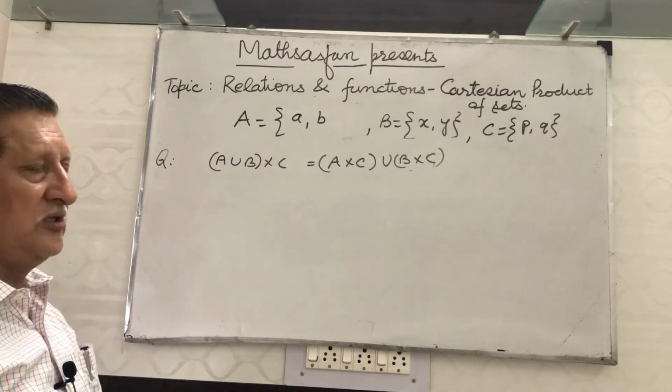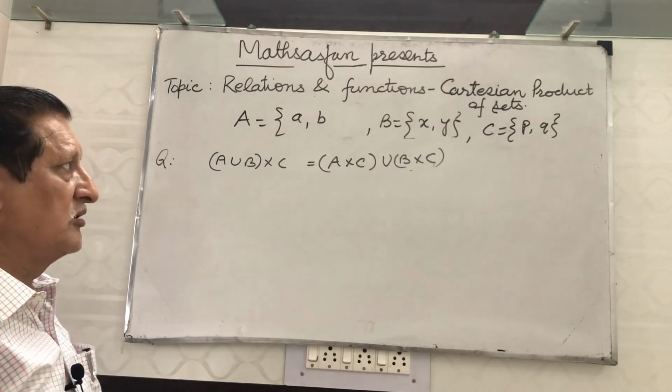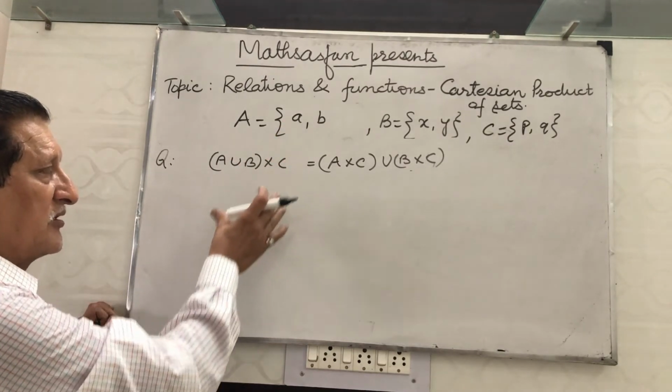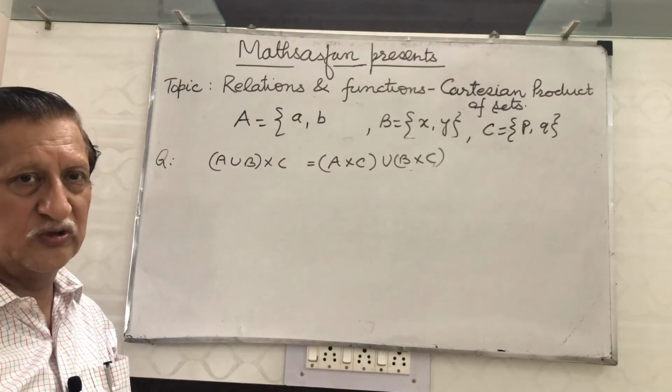(A union B) cross C is equal to (A cross C) union (B cross C). In such question, generally the students do that both the parts, left hand side and right hand side, they start together. But no, we should not do that.